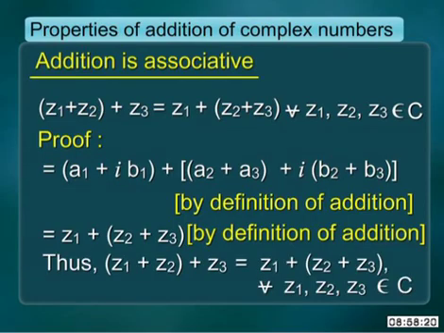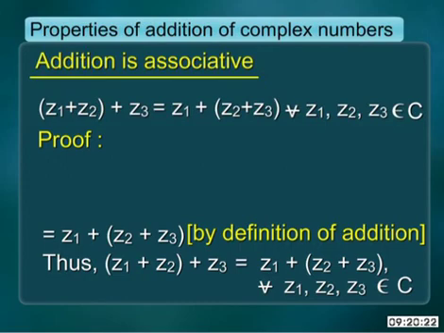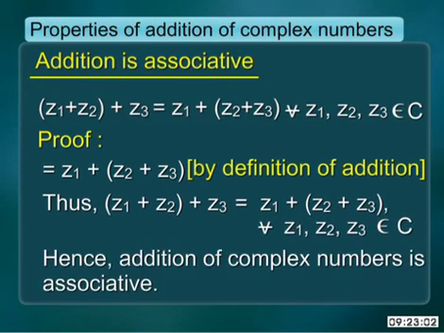Thus, Z1 plus Z2 whole added to Z3 is equal to Z1 whole added to Z2 plus Z3 for all Z1, Z2 and Z3 belonging to the set of complex numbers. Hence, we can say that addition of complex numbers is associative.